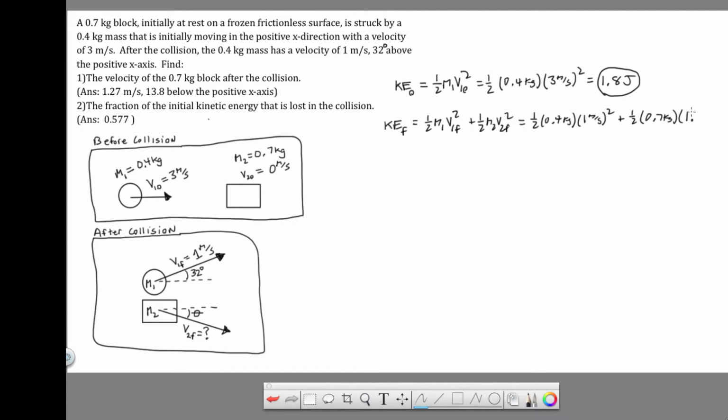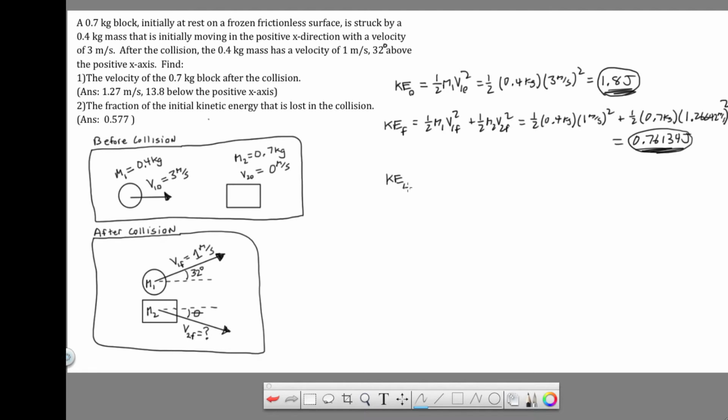I rounded it off earlier to 1.27, but here we're going to use 1.26642 meters per second, squared. All right, so the final kinetic energy comes out as 0.76134. So we have our starting kinetic energy of 1.8. We have our ending kinetic energy of 0.76.